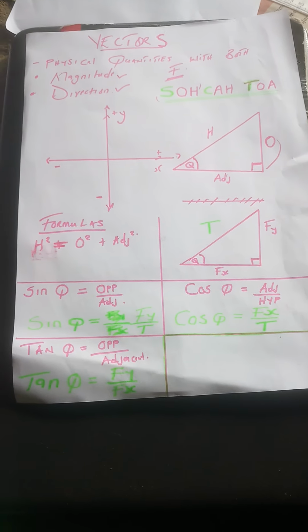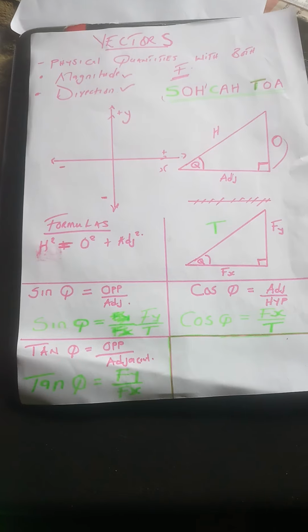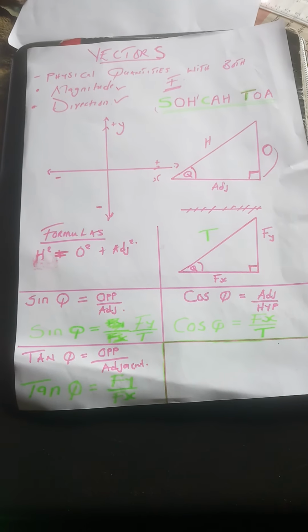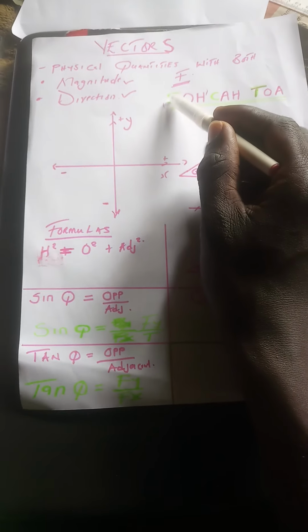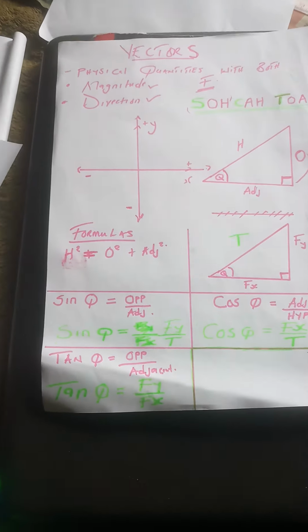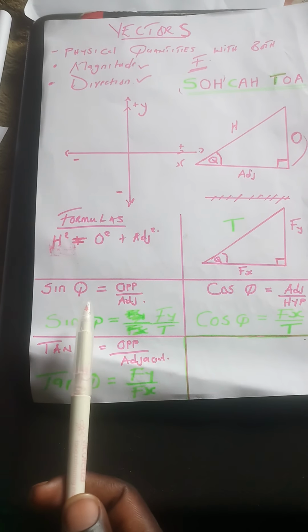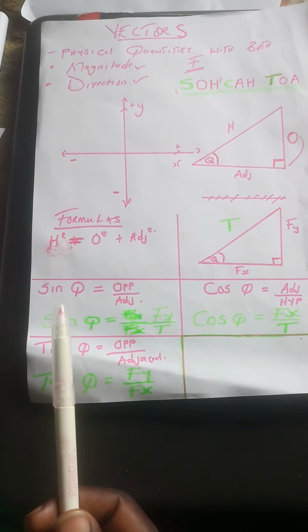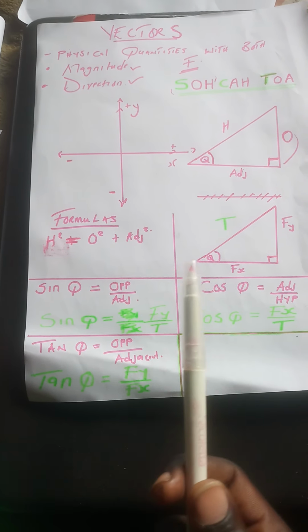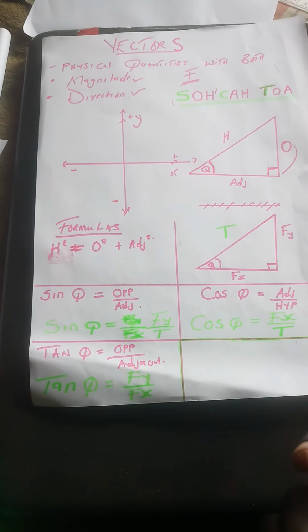For instance, SOH means sine theta is equal to opposite over hypotenuse, and this is the formula here.